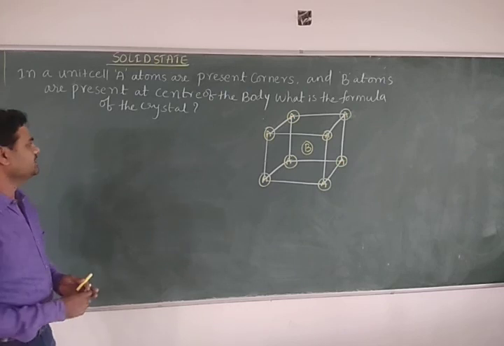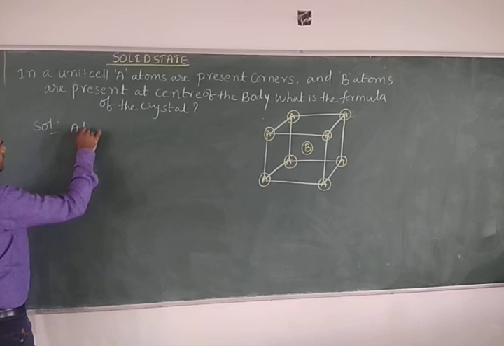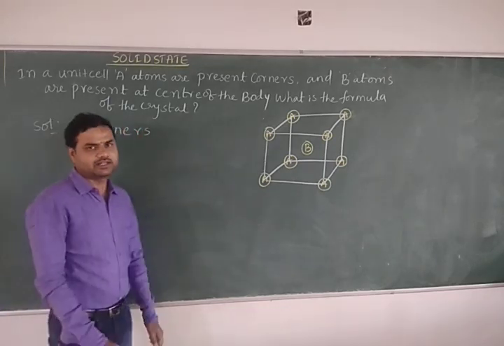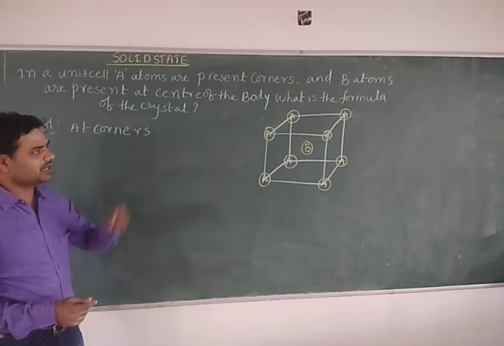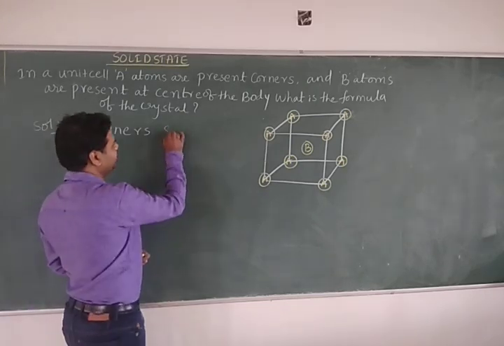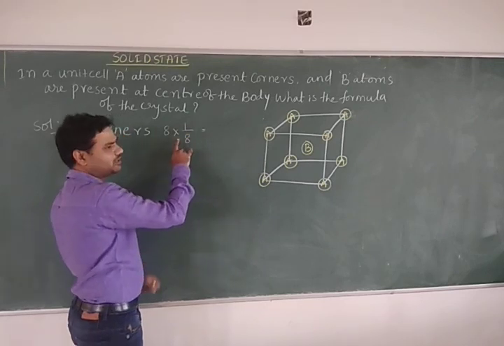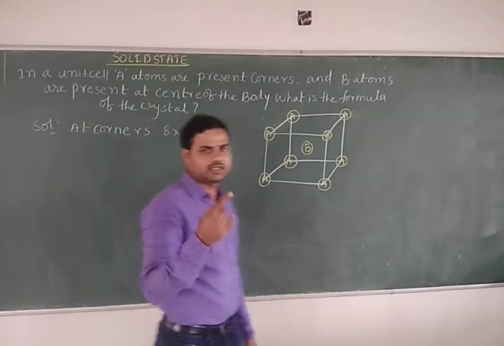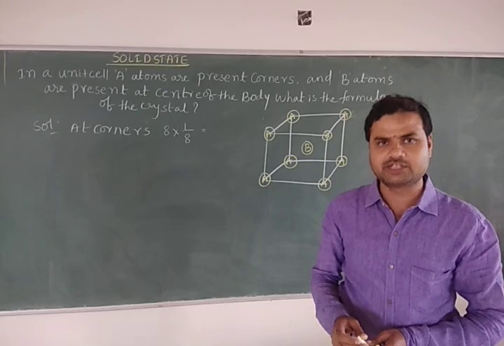The question is, what is the formula of the crystal? To calculate this, at the corner, what is the contribution of each atom? It is 1 by 8. In the previous class we discussed this contribution of each atom in a unit cell, whether at the corner, body center, faces or edges.